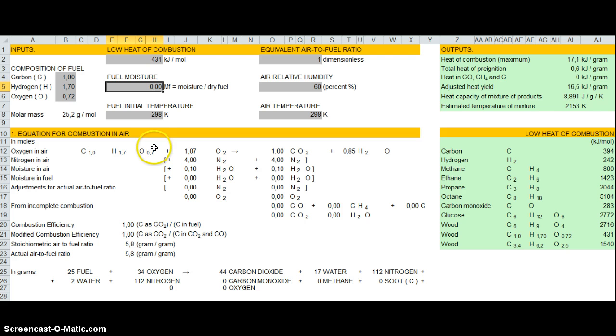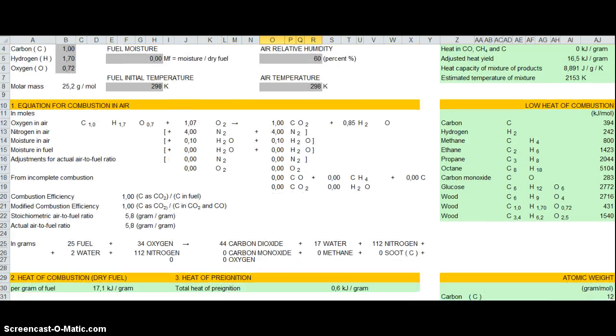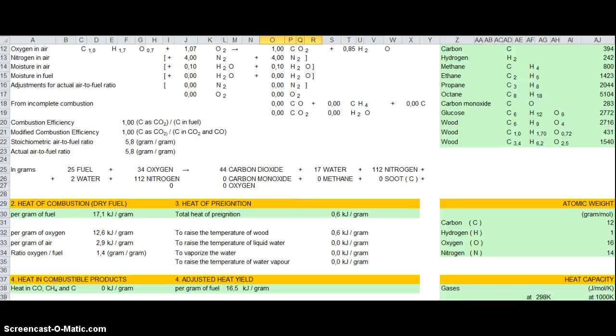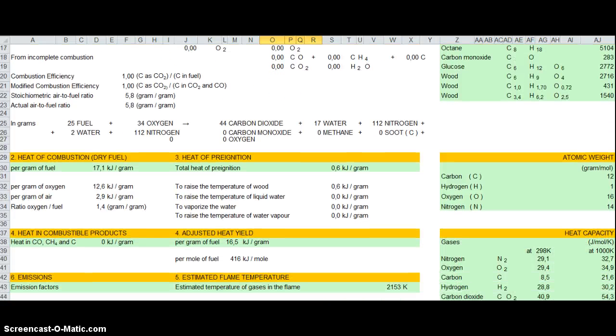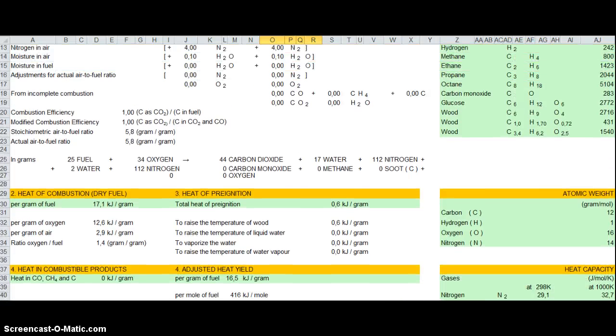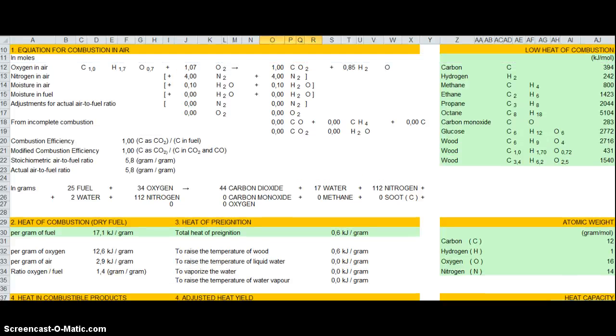And by doing that, you can then start looking in the bottom of the spreadsheet at how this heat of combustion can be expressed.